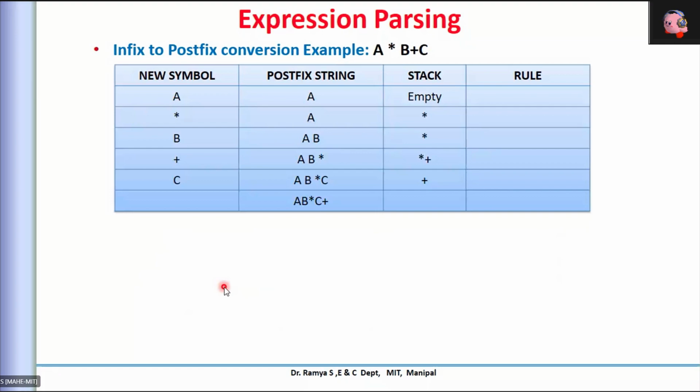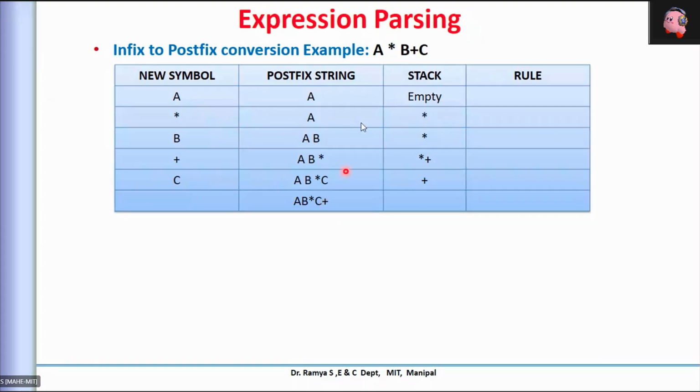So we'll take some more examples. This is very simple compared to the one which we have. You should be able to say that this A into B should be executed first, and the addition will take place at the end. By seeing this, you should be able to arrive at this point.